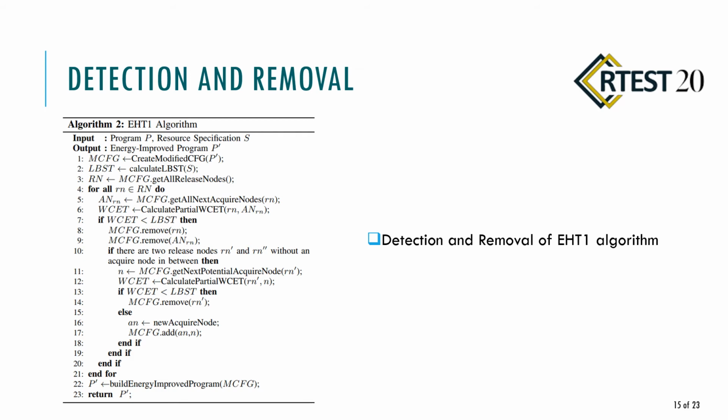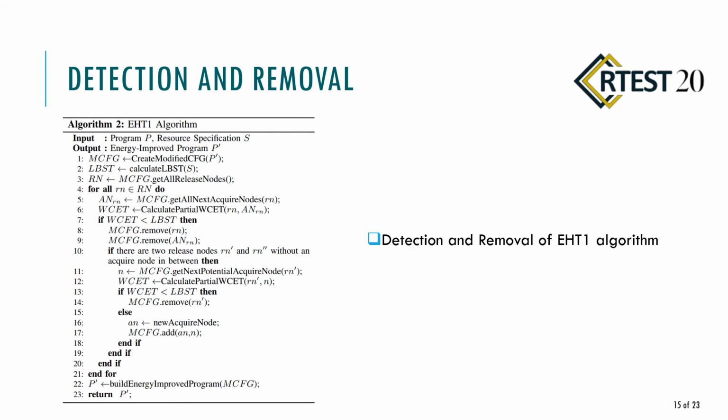If this value is smaller than LBST, then our algorithm has detected an EHT1, and it removes the release node and its subsequent acquire nodes, allowing the resource to remain in active power mode, which has been shown in lines 8 and 9.